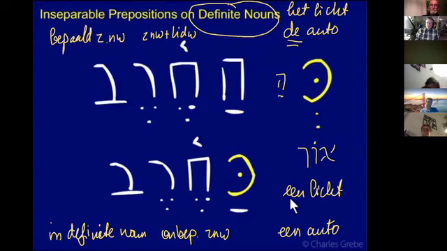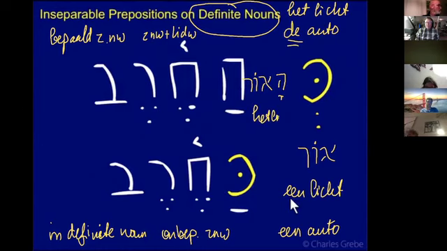Ha, compensatory lengthening. 'Or'. Dit betekent dus 'het licht'. En dat is 'een licht'. Dat is in het Hebreeuws zo. Als het lidwoord ontbreekt bij het zelfstandig naamwoord, is het onbepaald en kun je dus ook zeggen een onbepaald lidwoord.